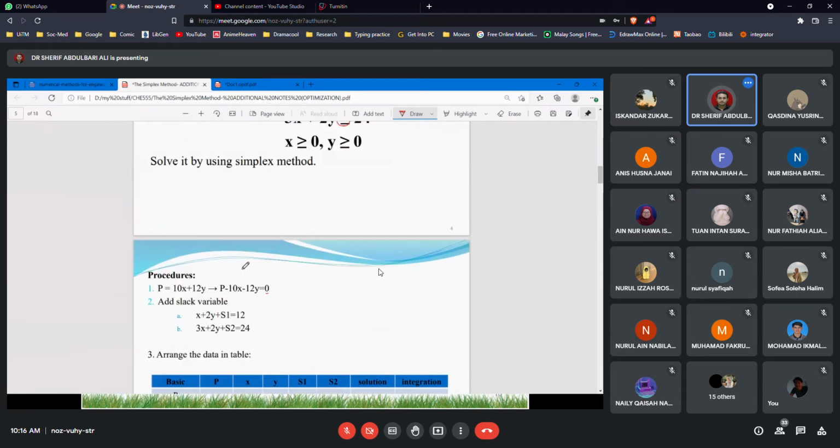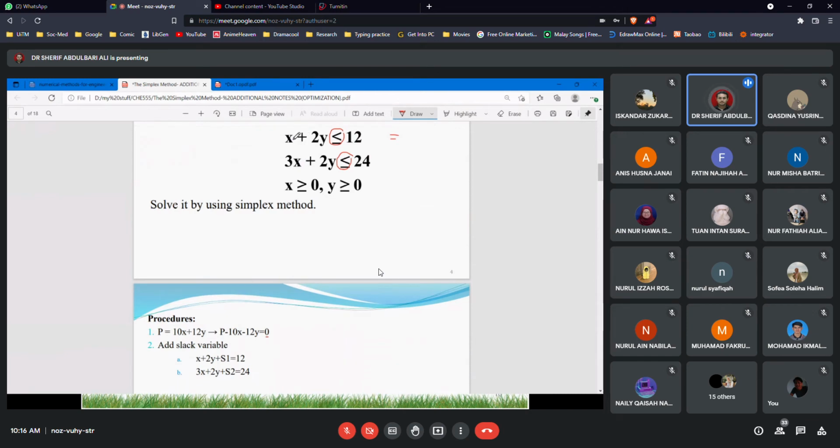For the constraints, we are going to introduce the slack variables. To get rid of the inequality sign, we write x plus 2y plus slack variable s1, so this sign will be gone and become an equality, equal to 12.